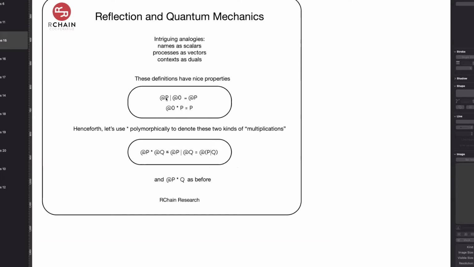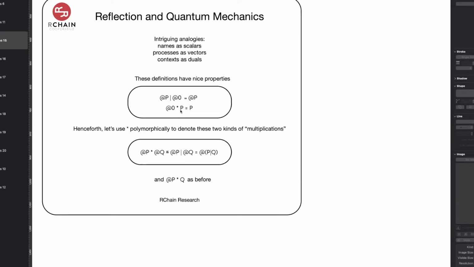Okay, so now there are some lovely properties, right? So obviously, by the definition, this becomes @ of P par 0, right? But P par 0 is the same as P, so this is just @ of P. So 0 acts as a unit or identity for the parallel composition. And it also acts as a unit or identity for multiplication. Is that clear?